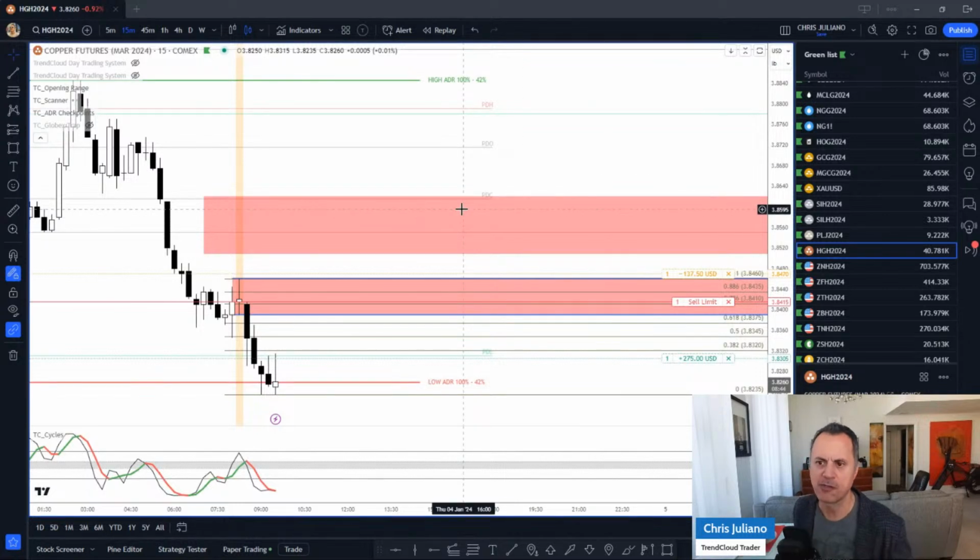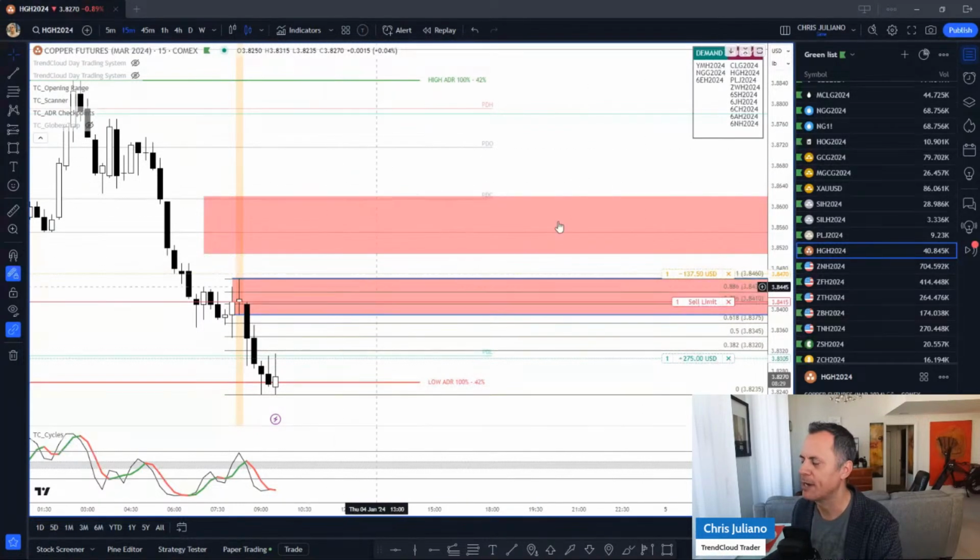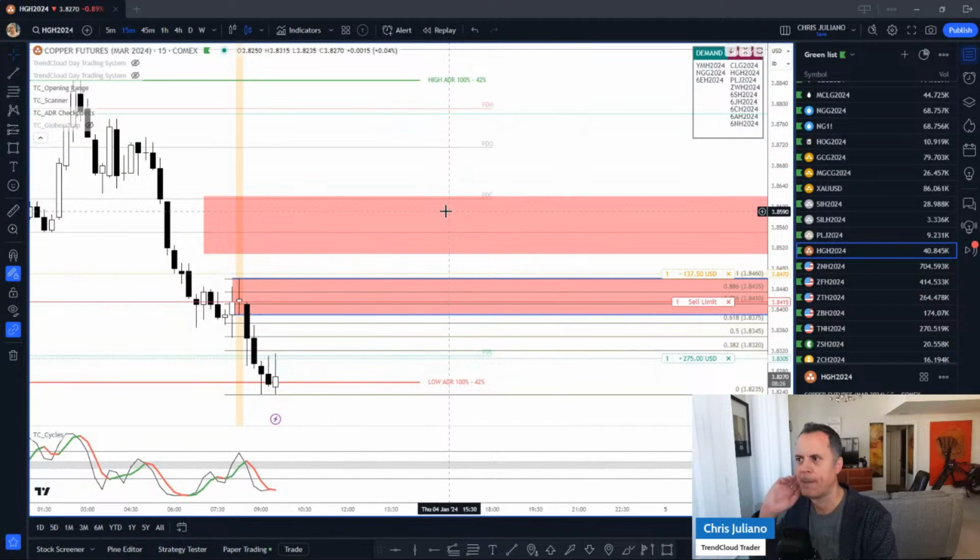For the purposes of this live room, we'll leave it on, just so that we could see, because maybe one will hit and the other one won't. You never know what's going to happen. The idea is I want to have as many examples as possible, but still stay within the trade plan.